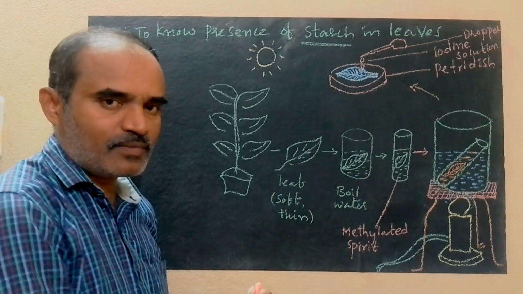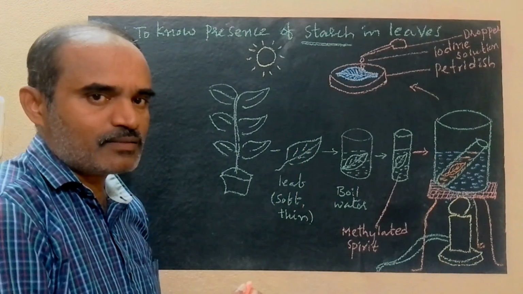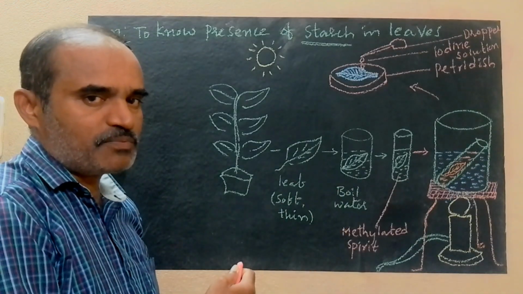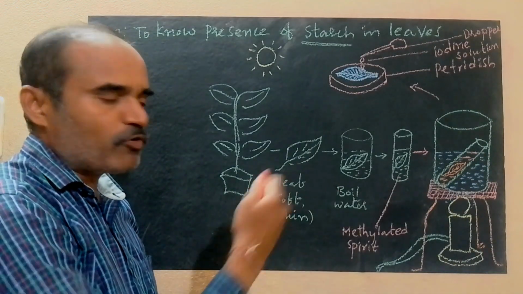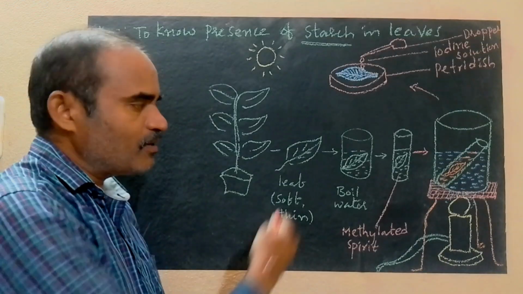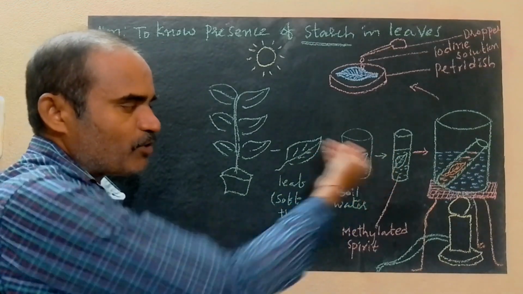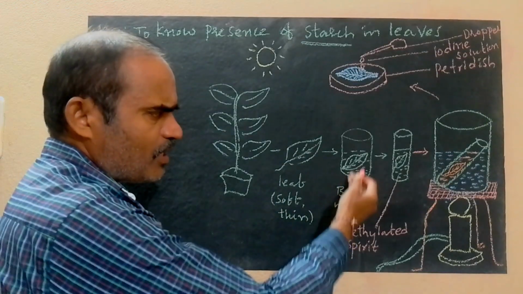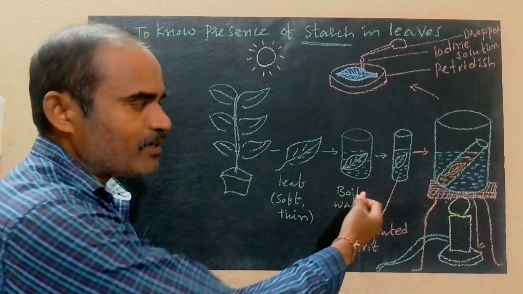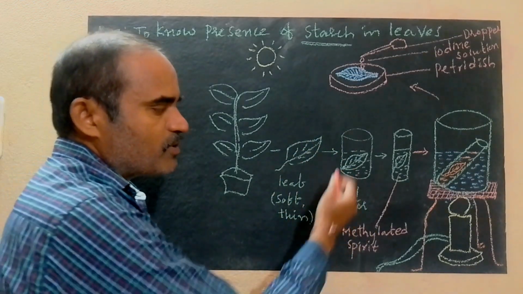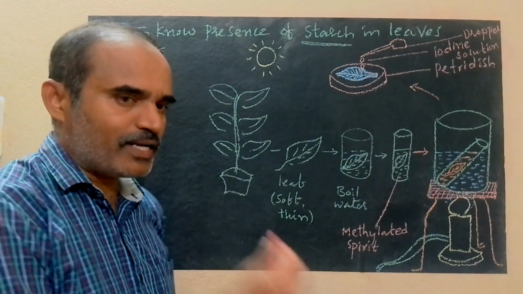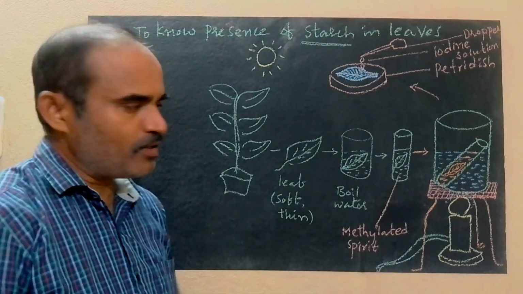If there are any dust particles on the leaf, they will be removed by keeping that leaf in boiling water. Then collect the leaf from the boiling water beaker and put that leaf in a boiling tube containing methylated spirit.